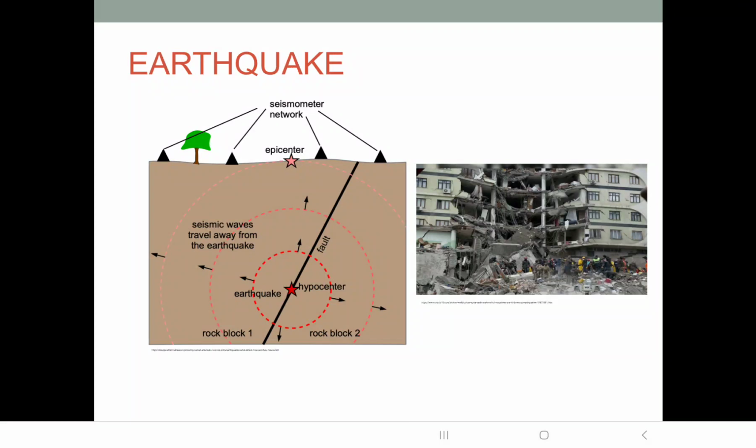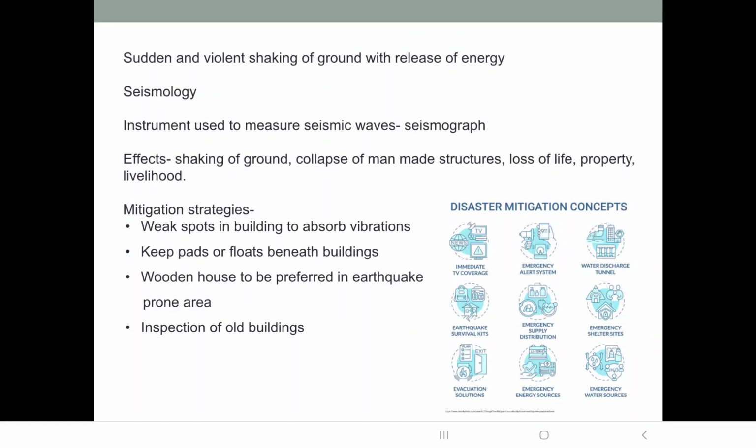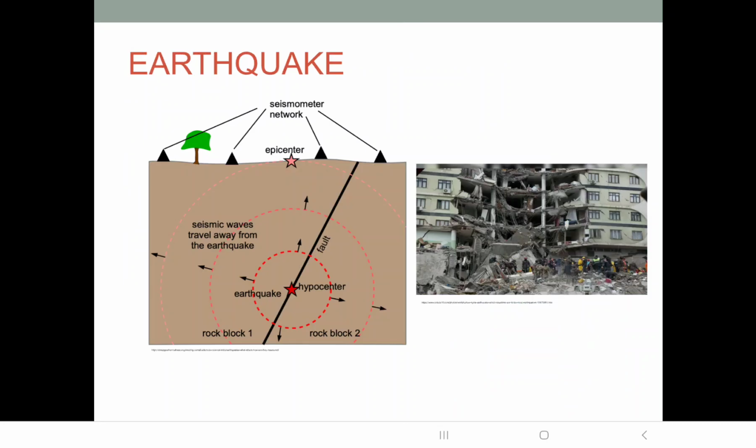See, an earthquake is nothing but a sudden and violent shaking of the ground with the release of energy in the form of waves, and these waves are known as seismic waves. Seismic waves reach the surface of the earth and are responsible for this destruction.